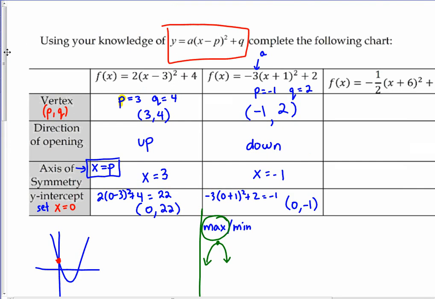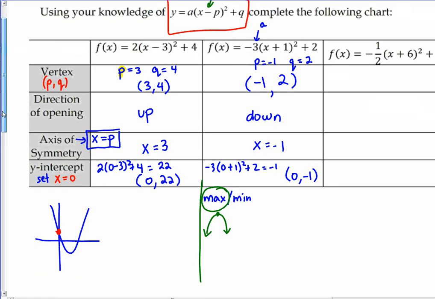Remember, it's always the opposite sign. Notice the equation has x minus p in it, and now this is a plus 1. So p had to have been negative 1, because if I sub in negative 1, x minus negative 1, that's how it became plus. This graph would be a max.